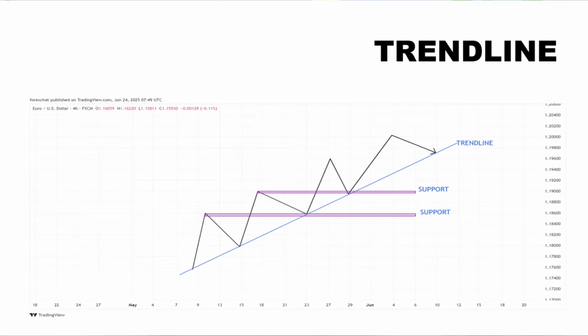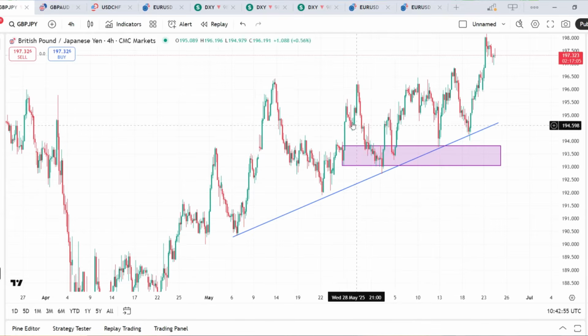They go up, come down a little bit, go up, come down a little bit, and they continue like that, creating a trend. So that is where the trend line concept comes from. Let us go to the market and see how we can draw our trend lines.